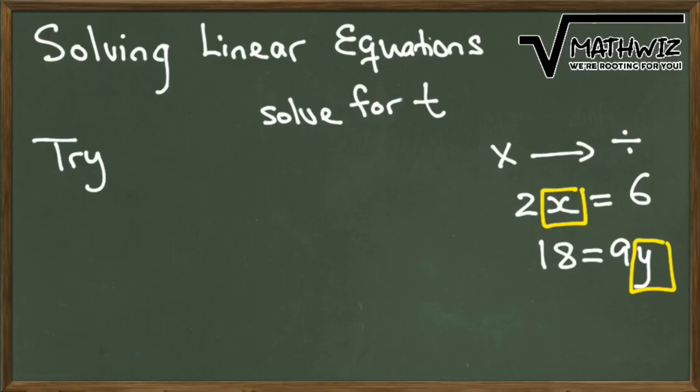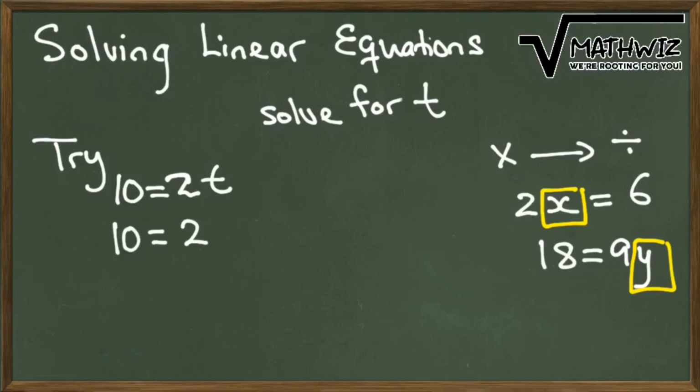Let's go with T, because again, they can use any letter and ask you to solve. So let us say we have 10 is equal to 2 times T, or 2T.